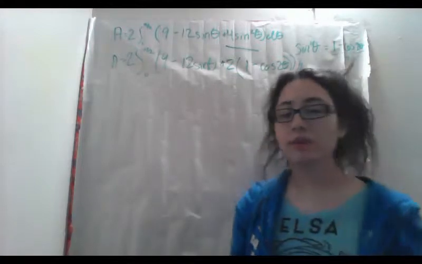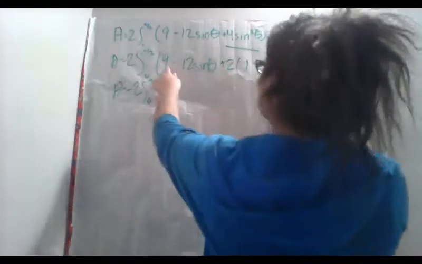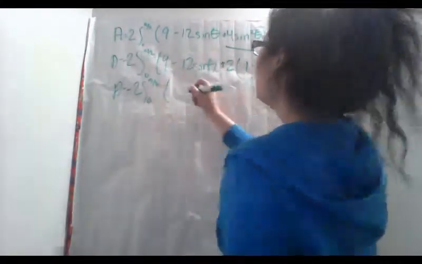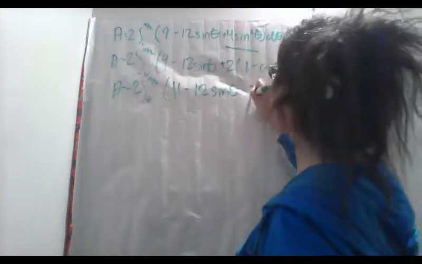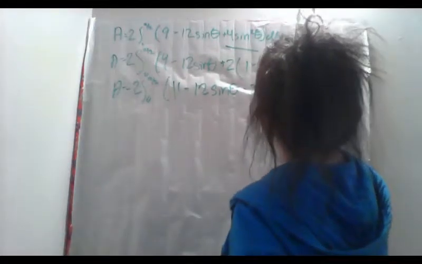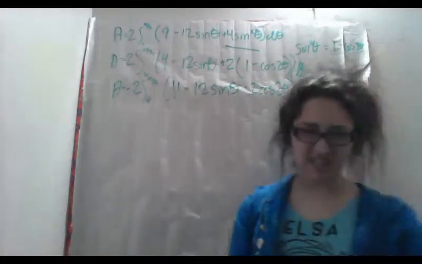Yep, so now we combine everything, all like terms. So A equals 2, integral from 0 to pi over 2, of 9 plus 2 is 11. I definitely knew that off the top of my head. Minus 12 sine theta, minus 2 cosine 2 theta d theta. Math is exhausting, man.